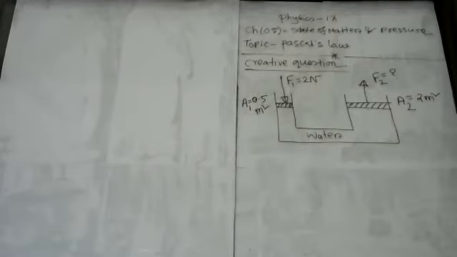In the case of the large piston, the force is F2 and the area of cross section A2 is 2 meter square.